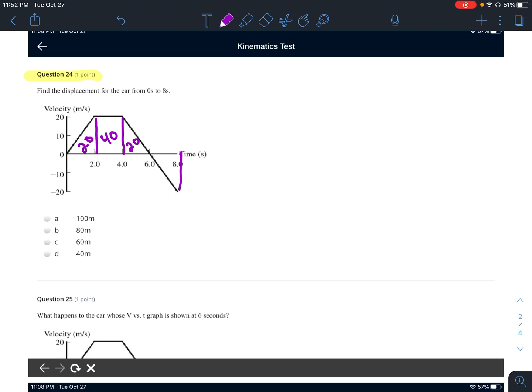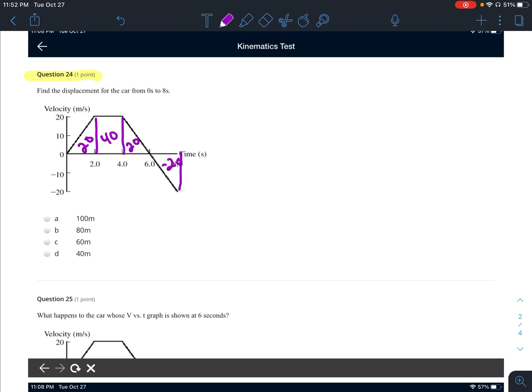So from 6 to 8 seconds, we have 2 seconds, times our negative 20. So 2 times negative 20 is negative 40, half of that, negative 20.